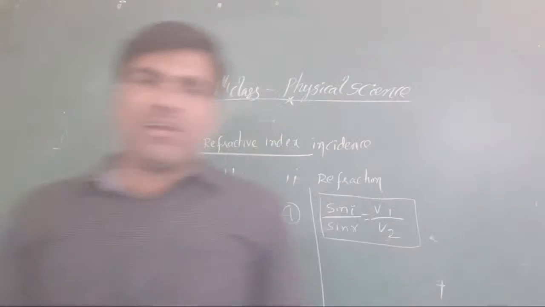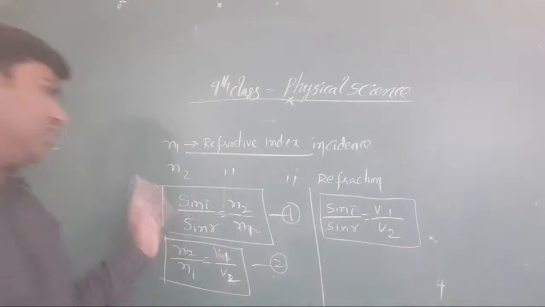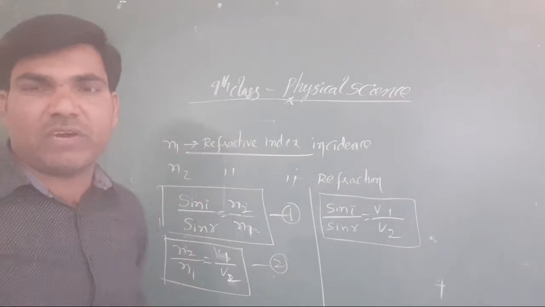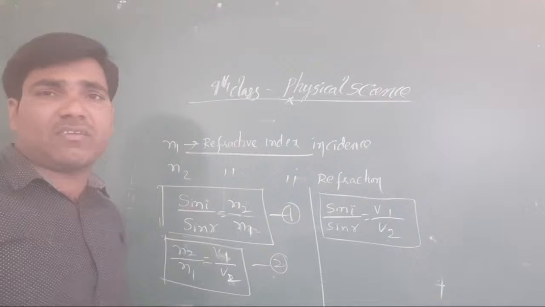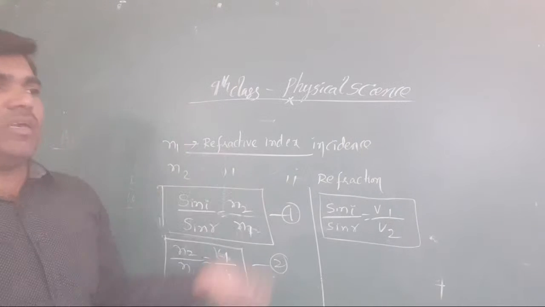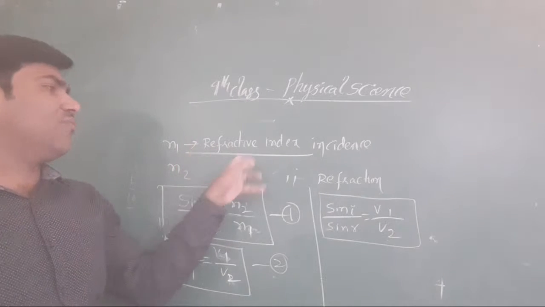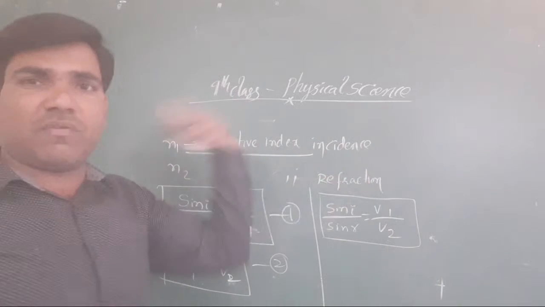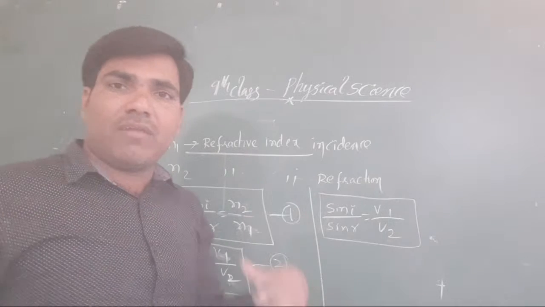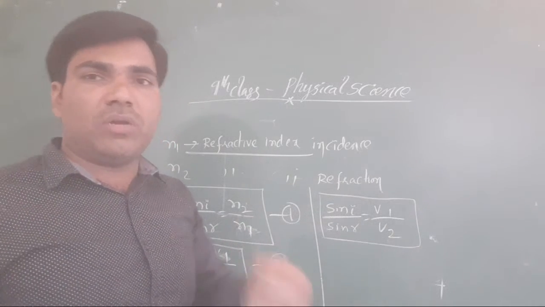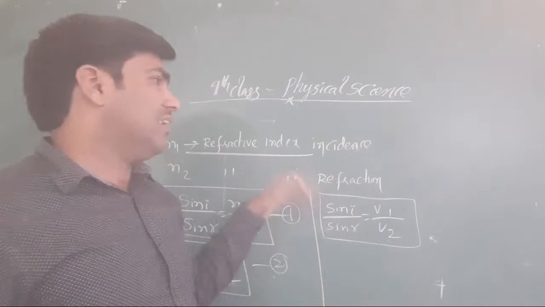Once again I want to explain, students, check here. You know very well, for refraction, two media are required. One is the rarer media, another one is the denser media. Suppose you take the refractive index of the incidence, whatever it may be, rarer media or denser media. You have to take any one medium as the incidence medium.